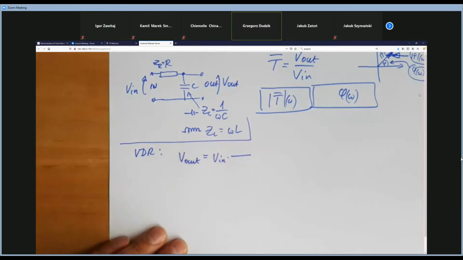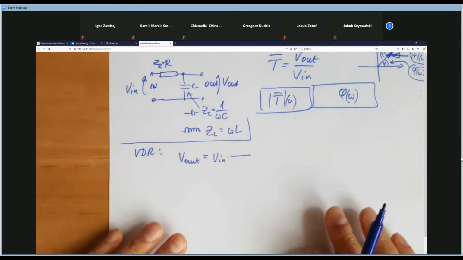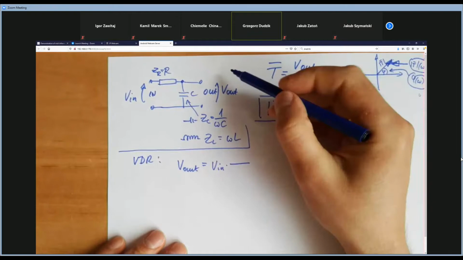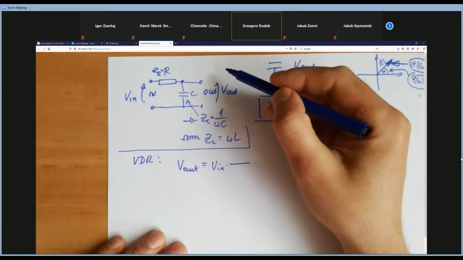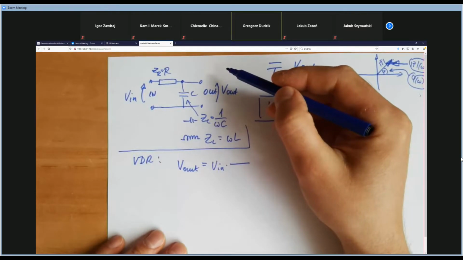No, not C. The impedance ZC, the impedance of the capacitor, not the capacitance C. My mind just made some kind of shortcut. Okay, don't worry, but we have to be much more precise.